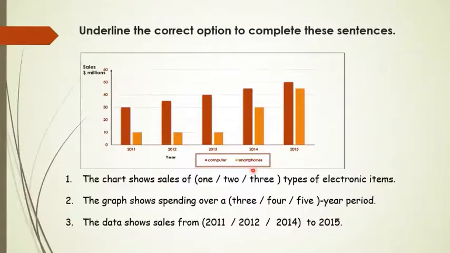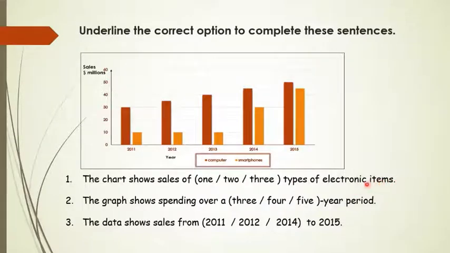So just to practice, here are some important sentences that we could use when describing a chart. Now you are very familiar with the chart. Look at the first sentence given here: the chart shows sales of, and within brackets you have three words, types of electronic items.